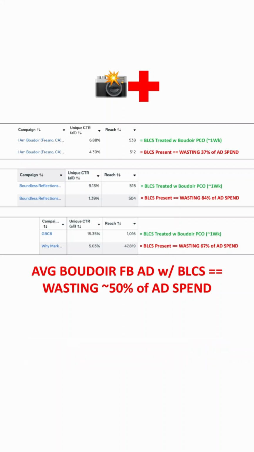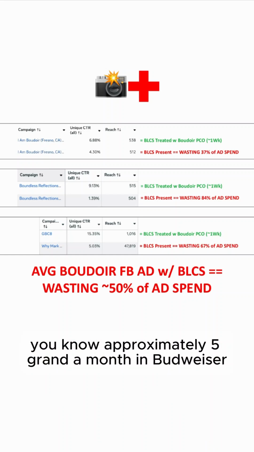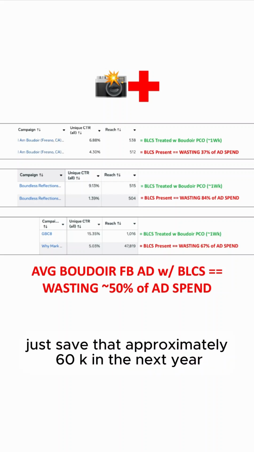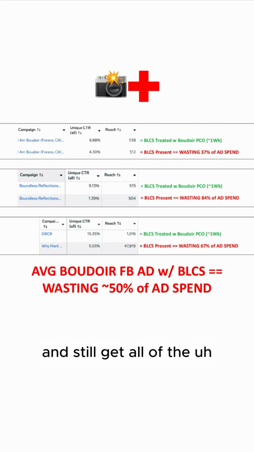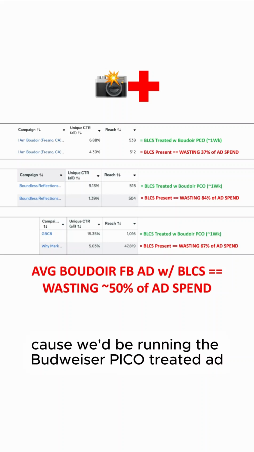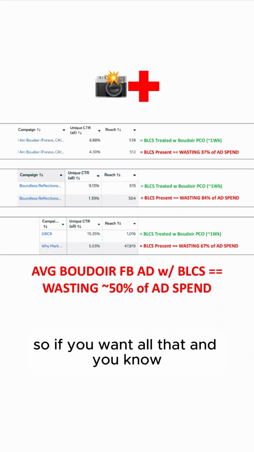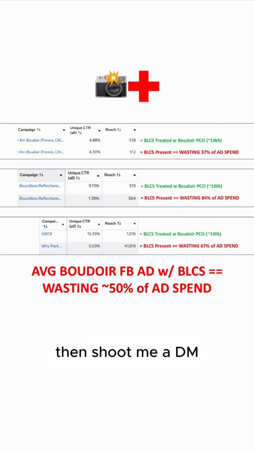And you want to save or eliminate approximately 5 grand a month in boudoir Facebook ad costs. Literally just save that, approximately 60K in the next year, and still get our ad into the same number of women's brains because we'd be running the Boudoir PCO treated ad. So if you want all that and to be on your way to becoming the number one boudoir photographer in your city, then shoot me a DM.